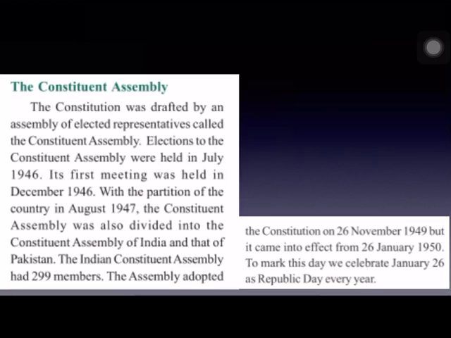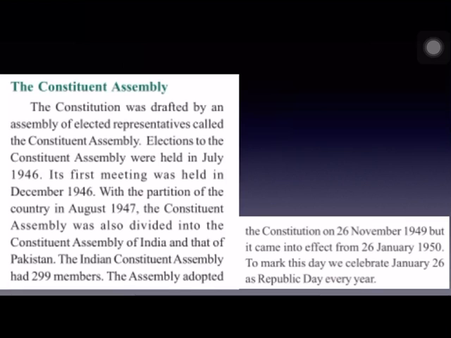With the partition of the country, the Constituent Assembly was also divided into 2. In 1947, after getting independence, that is after 15th August 1947, the Constituent Assembly was divided into two. The Indian Constituent Assembly had 299 members and the Pakistan Constituent Assembly had 86 members.